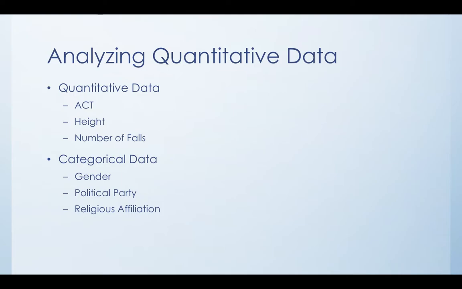Examples of quantitative data: ACT, height, number of falls. Categorical data is anything that fits nicely into a slot, like gender, political party, religious affiliation. I notice with the students that I work with, the greatest source of confusion is when we give numbers to categorical data.